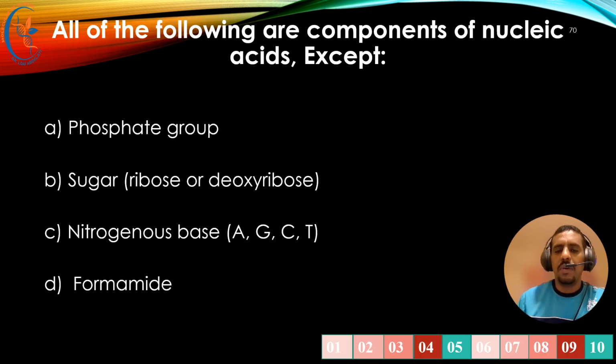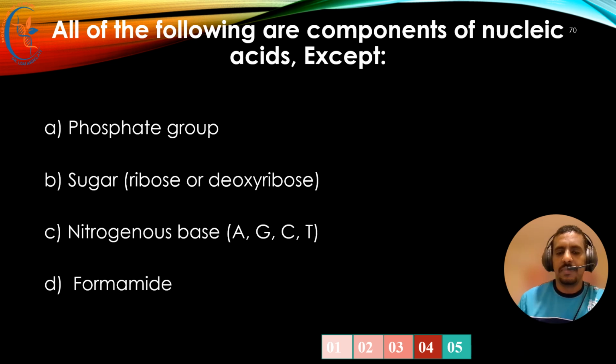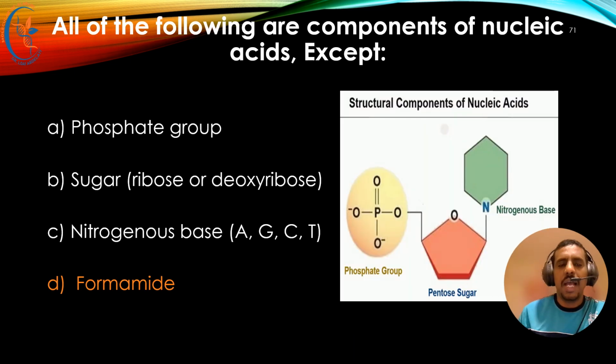All of the following are components of nucleic acid except one of them. Which one? 10 seconds. Actually, we should pay attention to a question that contains the word except.